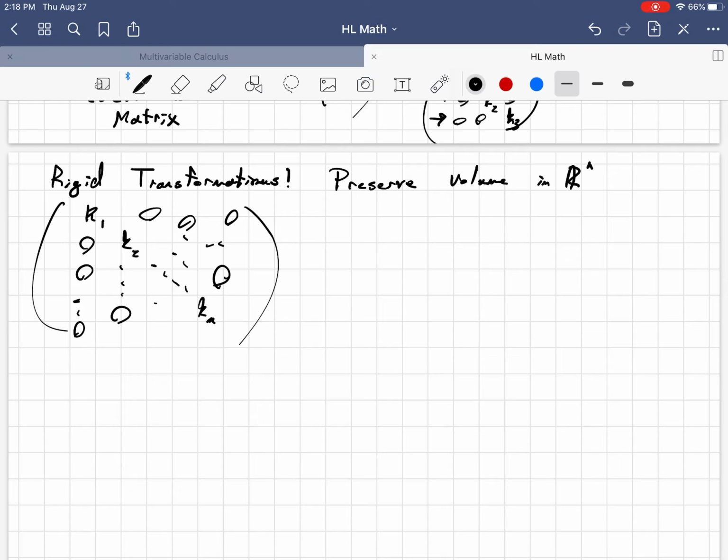Isn't that just so cool? Because now notice, in the x sub 1 direction, we just go out k sub 1 units. In the x sub 2 direction, we go out k sub 2 units, and so on and so forth, right?